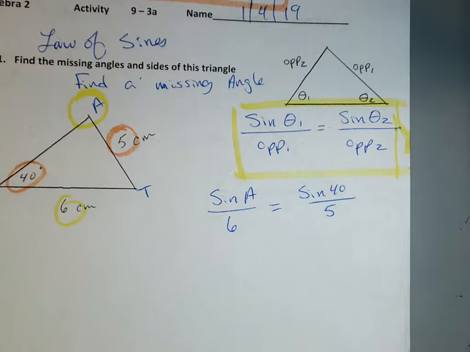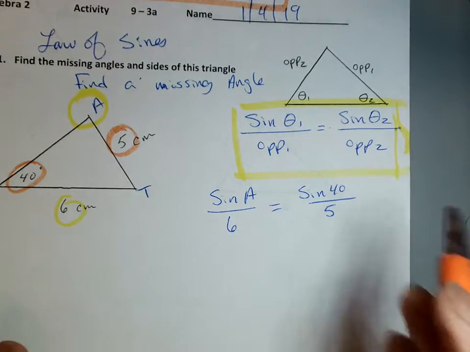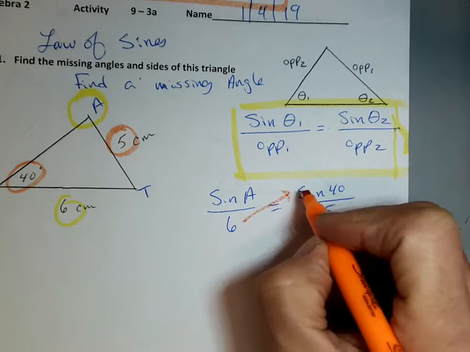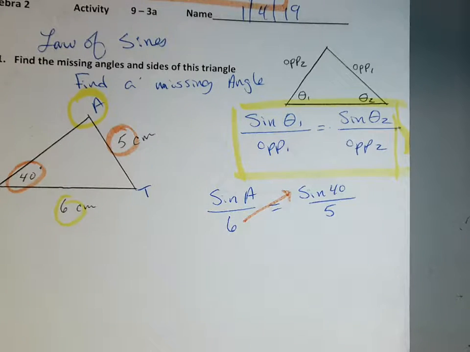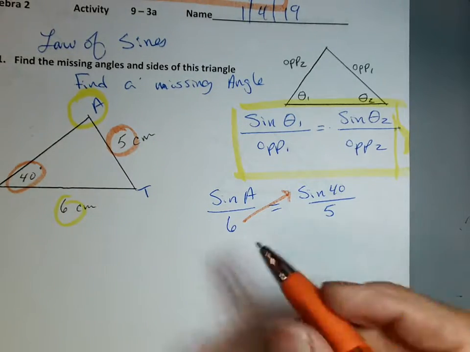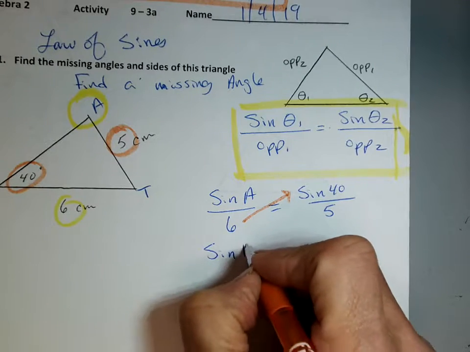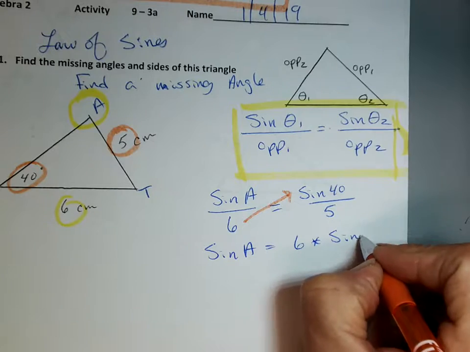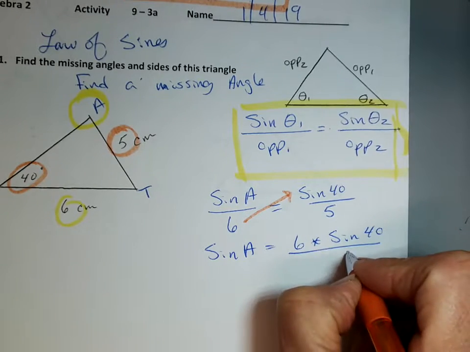But before I do anything, I know that if I want to find an angle, I know for sure the last step I'm going to use is the inverse sine. Remember, if you have to find the angle, we use the inverse sine, right? So to solve for A, I'm just going to first multiply by 6. So I'm going to rewrite this as sine of A is equal to 6 times the sine of 40 over 5.